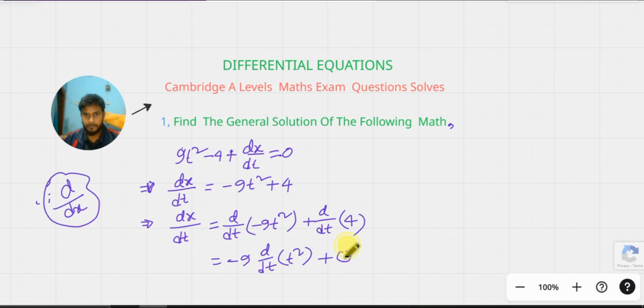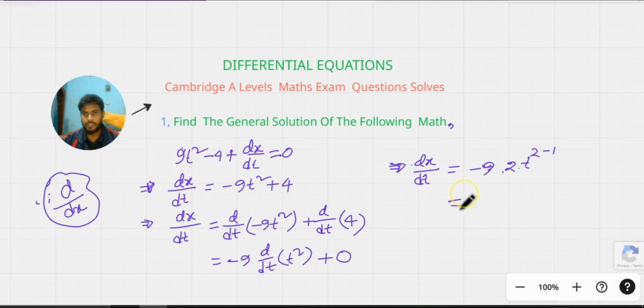If we differentiate any constant value, the result will be 0. Minus 9, and here the x^n formula will be applied, so the result will be n times x^(n-1), or 2 times t^(2-1).